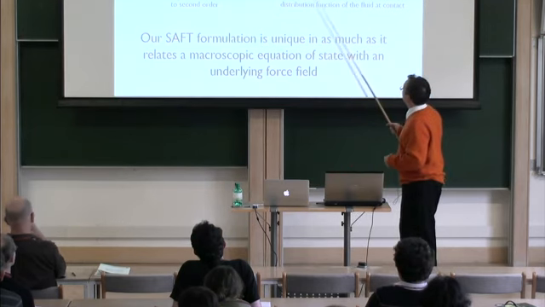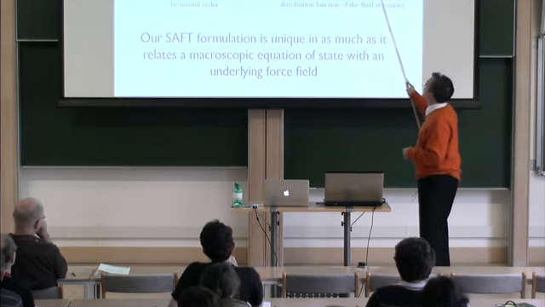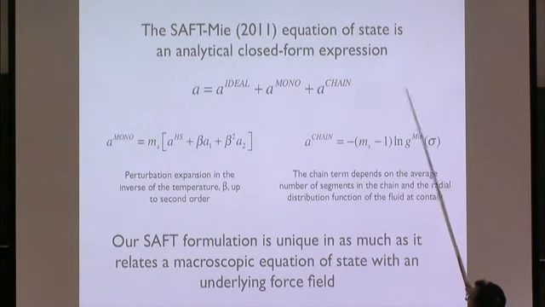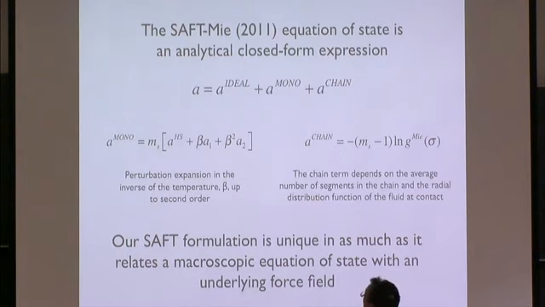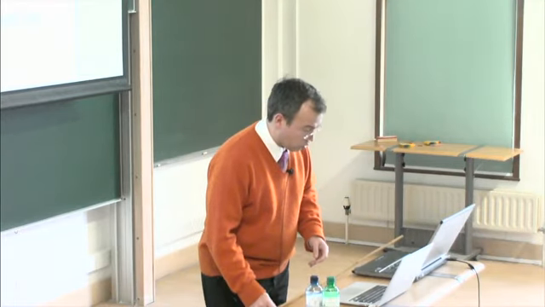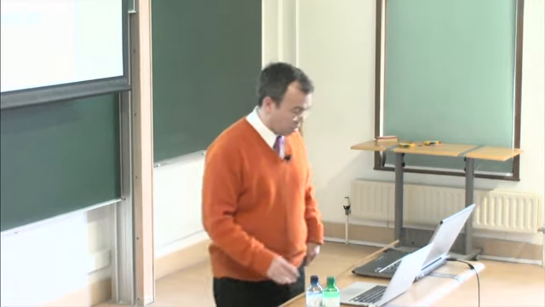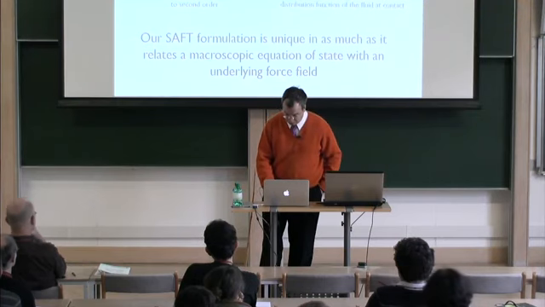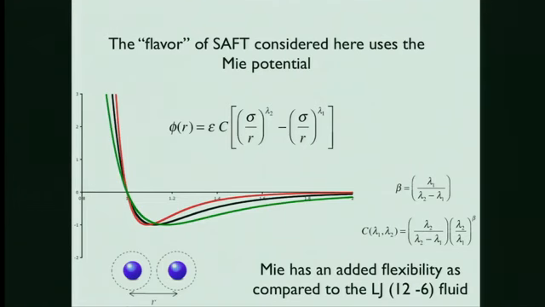You could add, and there are different versions of SAFT, the original version will have an associating term here, which is not relevant to us. And you could even add other terms. There's basically 20 years of SAFT development, and there are many flavors of it. So you'll probably have heard some versions of it before.